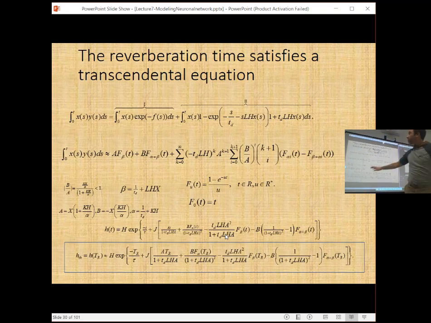In the end, you get an expression for h of t, which depends on the exponential. It's not very interesting, but now we solve h of t equals threshold, which gives you the TR, and then you have to invert this, and this gives us an estimation of the time to threshold, which is actually the log of the threshold, which when you vary a little bit, the threshold doesn't change much.